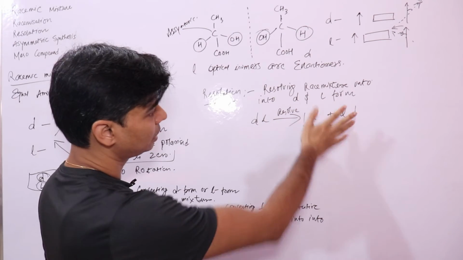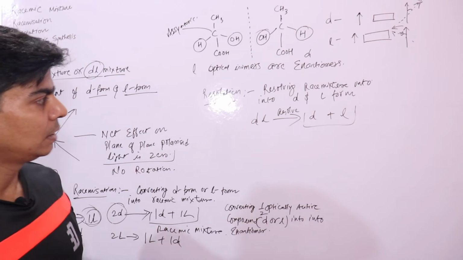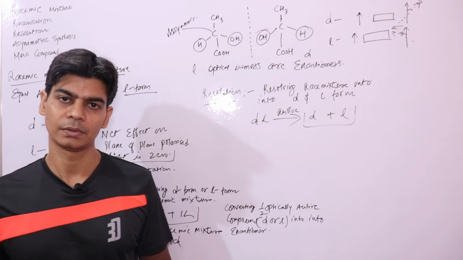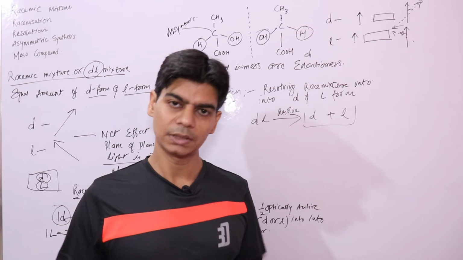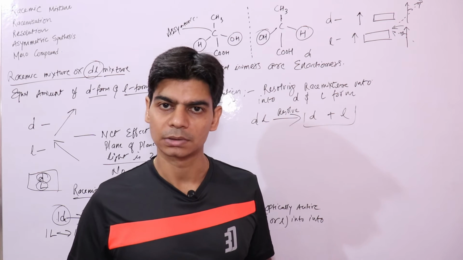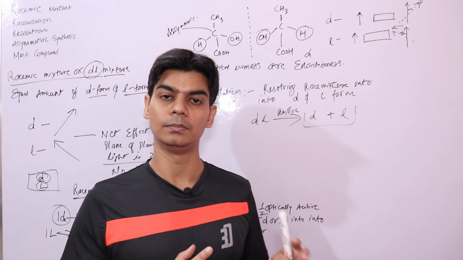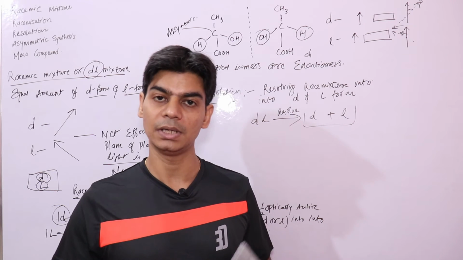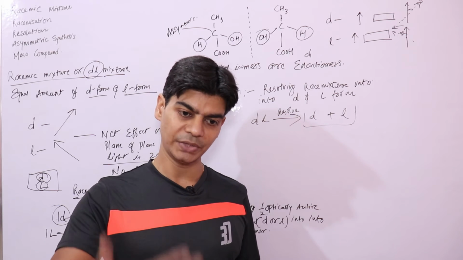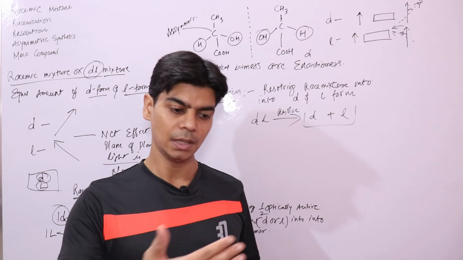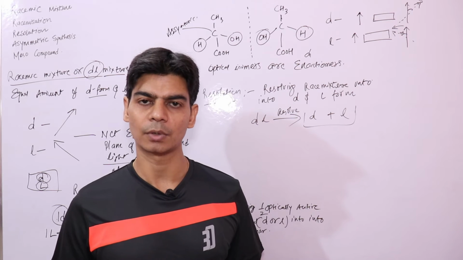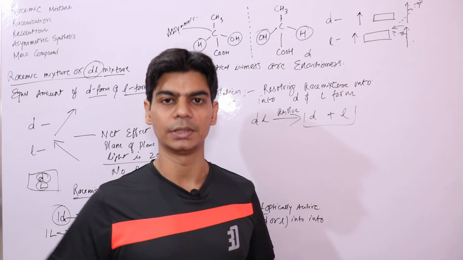Resolving racemic mixture into its D and L form is not easy, because D and L form are both enantiomers, and enantiomers have nearly all the same physical and chemical properties. In separation techniques we basically make use of different physical and chemical properties to separate the components.